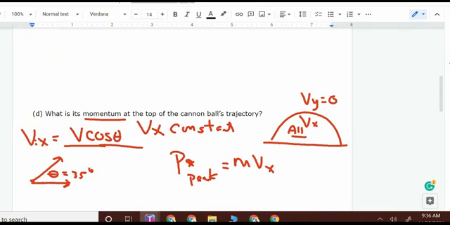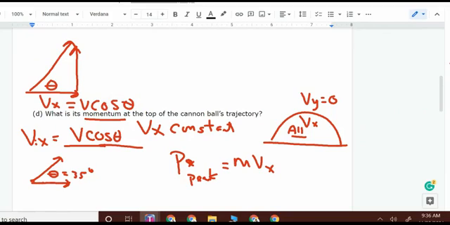Because x is the horizontal component, and cosine is what you use to find the horizontal component, the adjacent side. So, 4160 kilograms per second, because the Vx is 145 cosine 35.